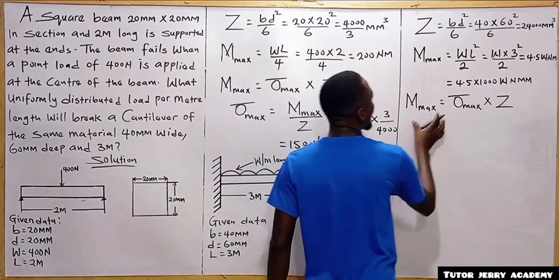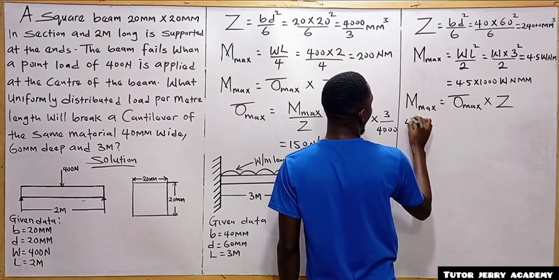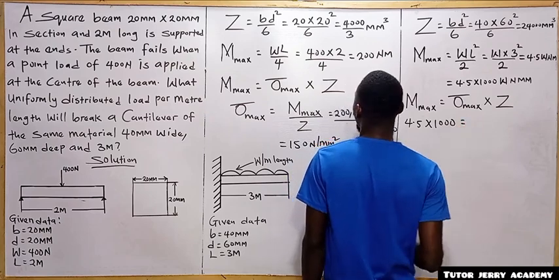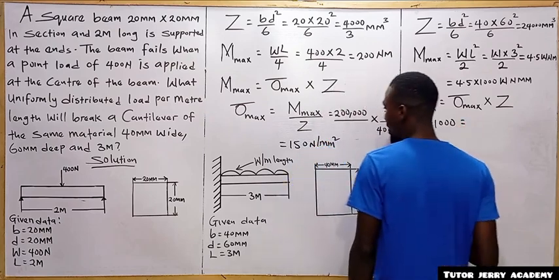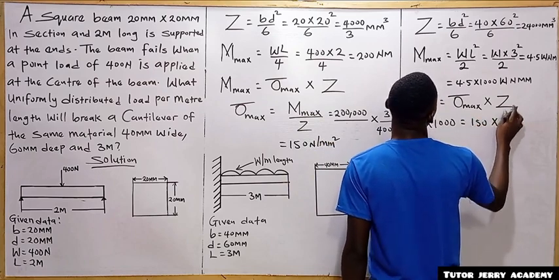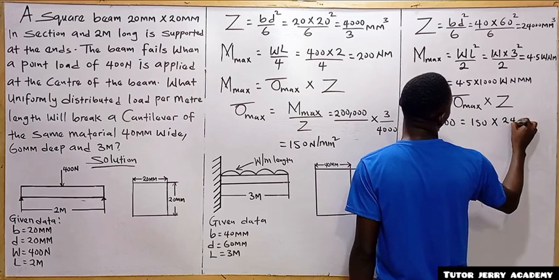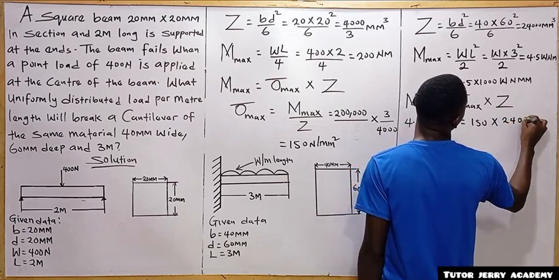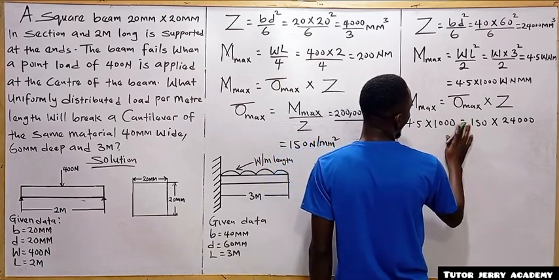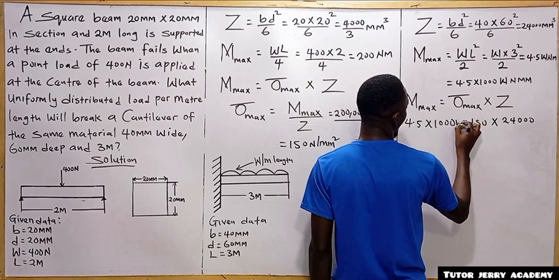So our maximum bending moment for this cantilever is 4.5 multiplied by 1000, which is equal to the maximum stress here, 150, multiplied by Z. Z is 24,000. I think it's supposed to have W attached.